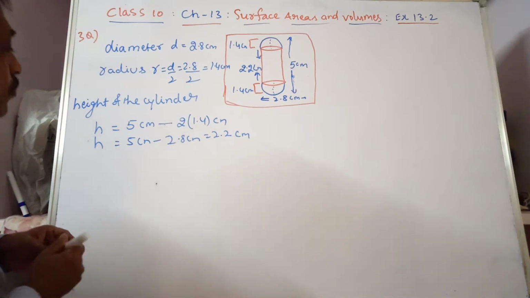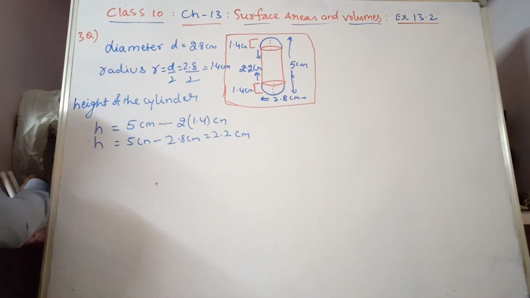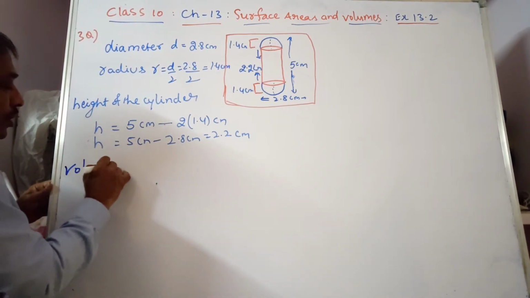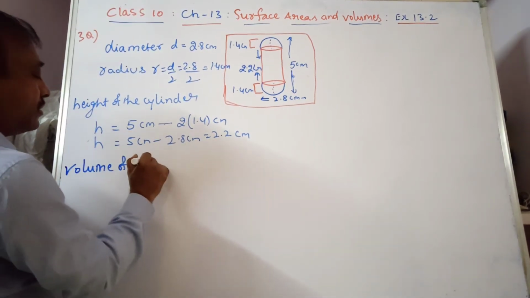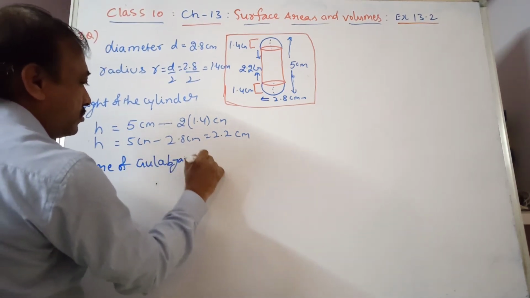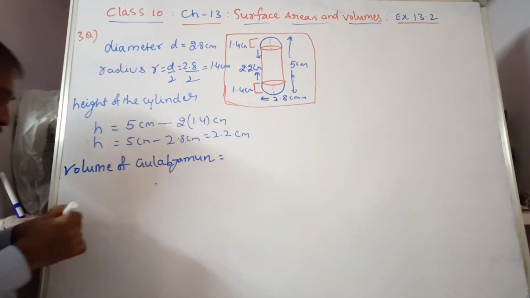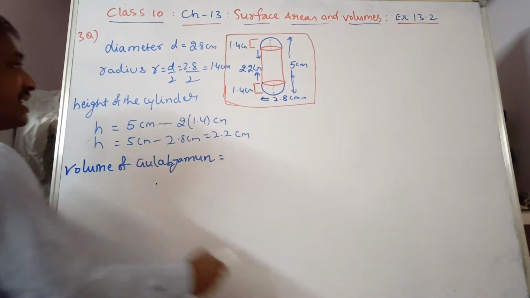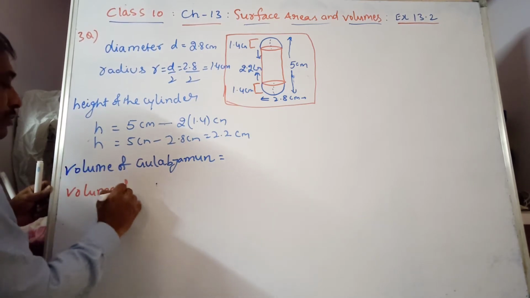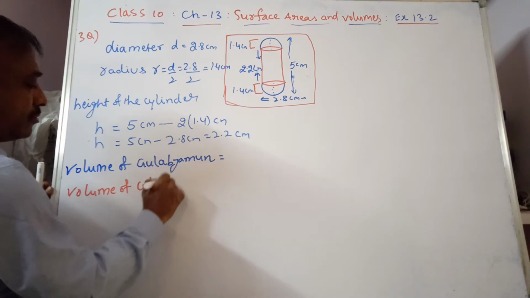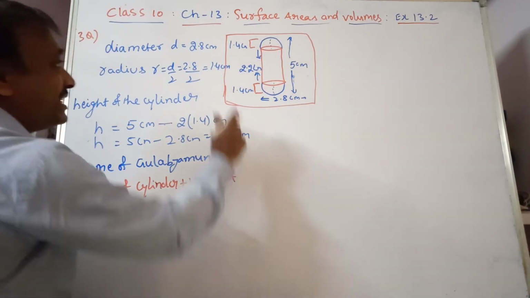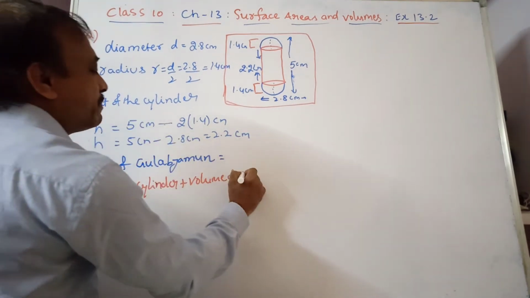Now, what is the volume of the gulab jamun? First we will find the volume of the gulab jamun, which is the volume of the cylinder plus the volume of the two hemispheres.